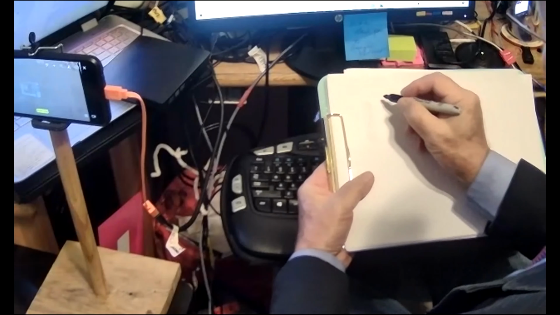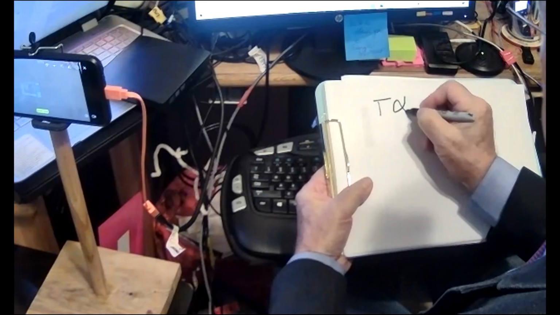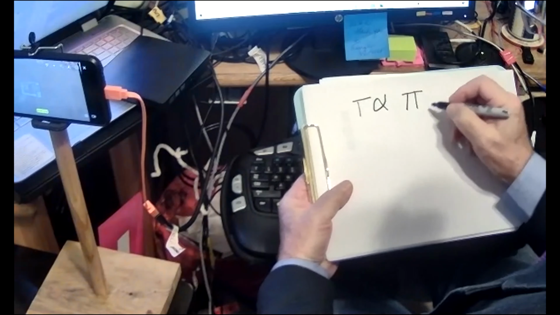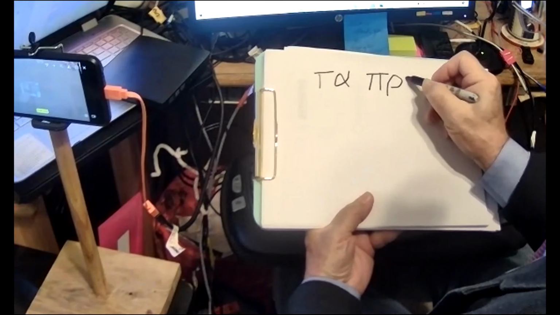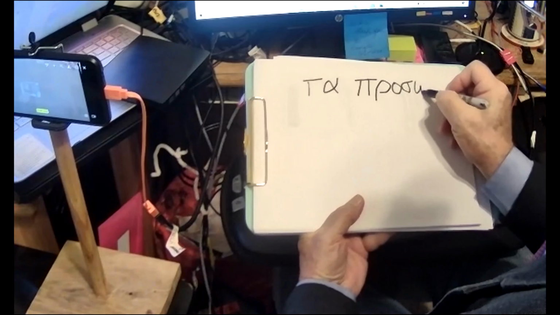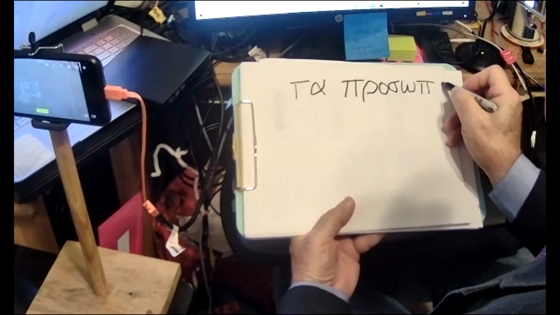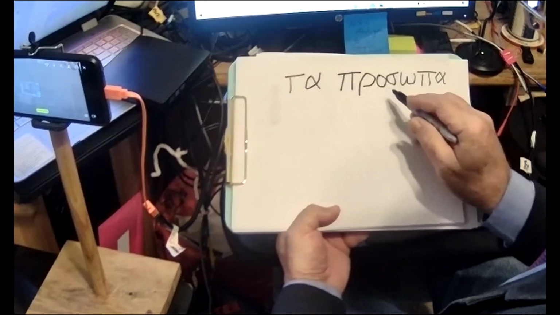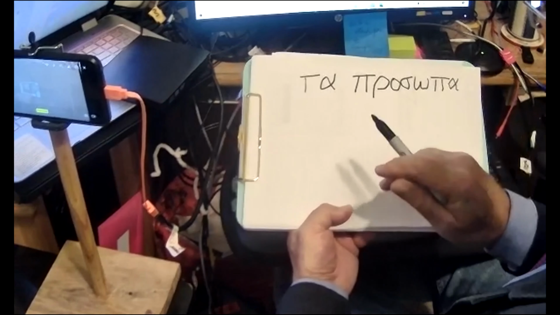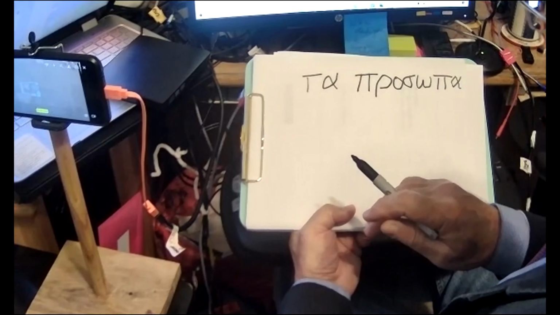There's one other danger that I want you to make note of, and I need to change cameras to do it. I hope that you remember that, for example, if I want to write the faces in Greek, prosopa, ta prosopa, the faces in the nominative case, and the accusative, which are the same in Greek.